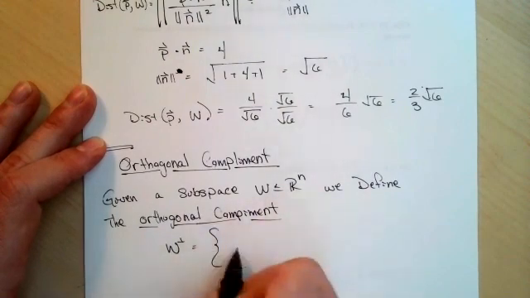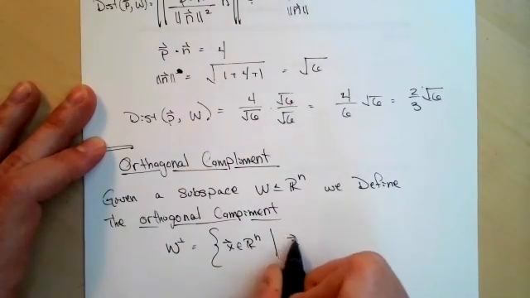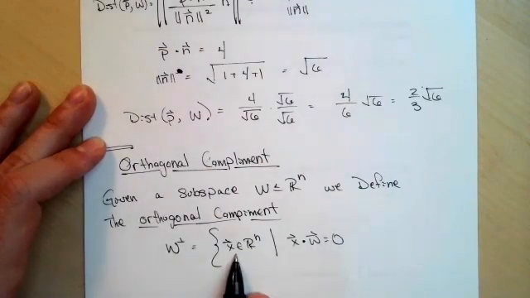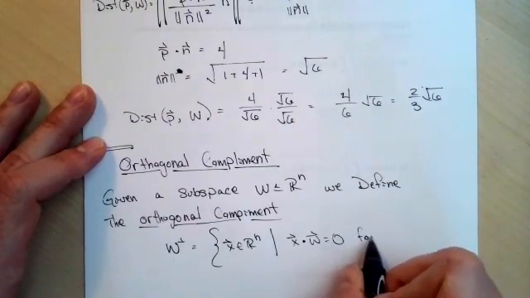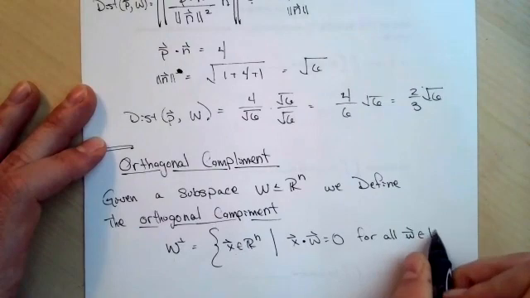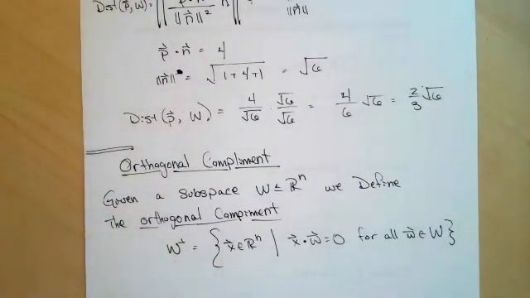It's just going to be the set of all vectors in Rn such that all the vectors in this set are going to be perpendicular to every vector in W. So any vector in W, find a vector perpendicular to all of those, and it will be in W perp.